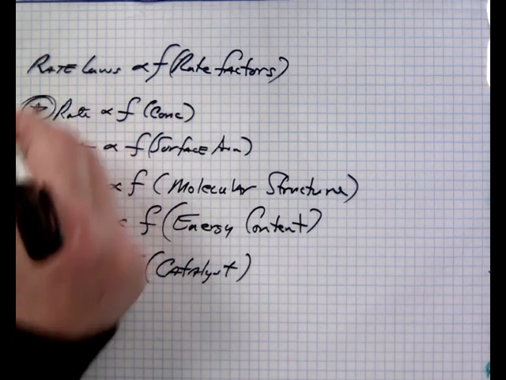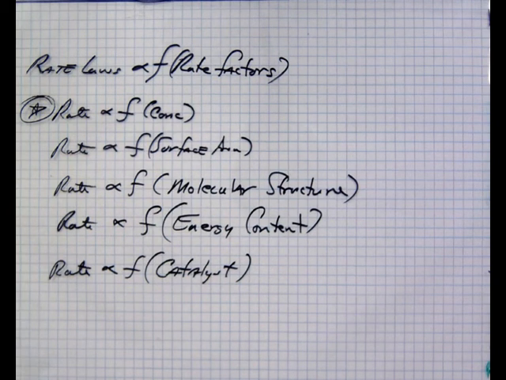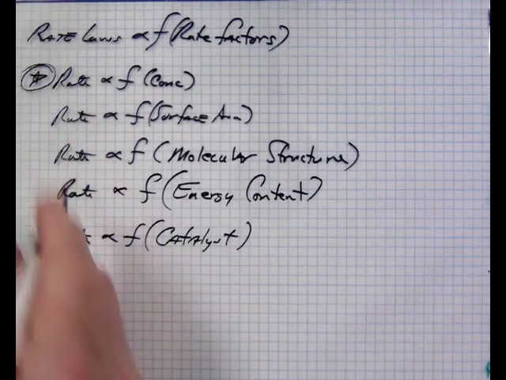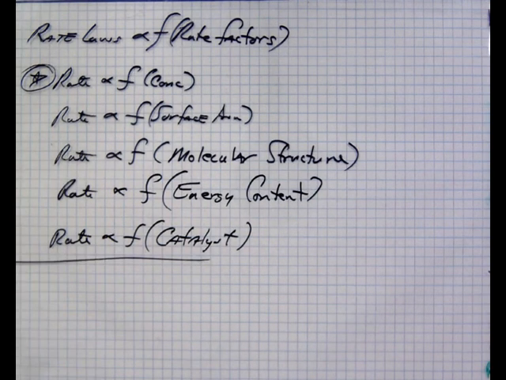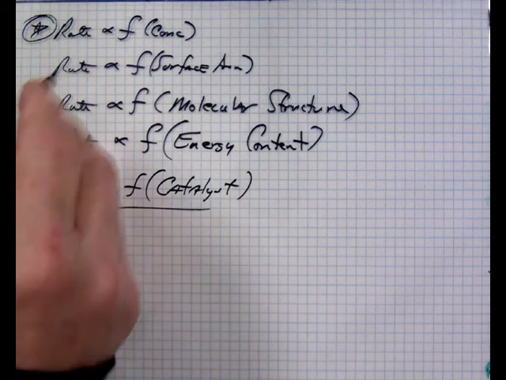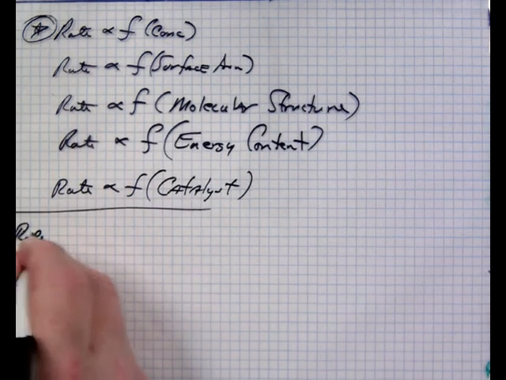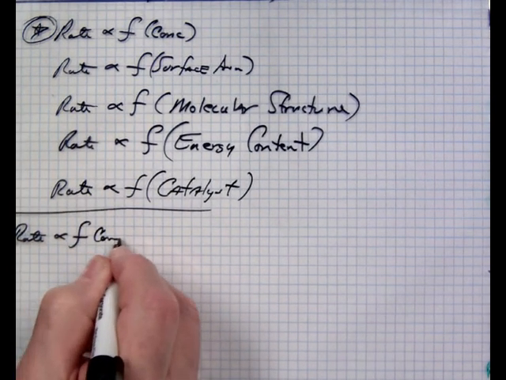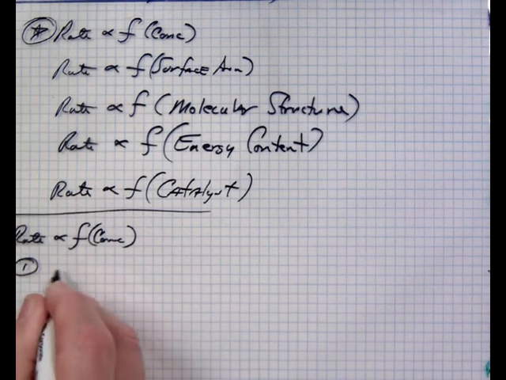We will start our adventure studying kinetics right here with rate as a function of concentration. There are 4 types of problems you'll need to master in this context. 1, rate averaging.